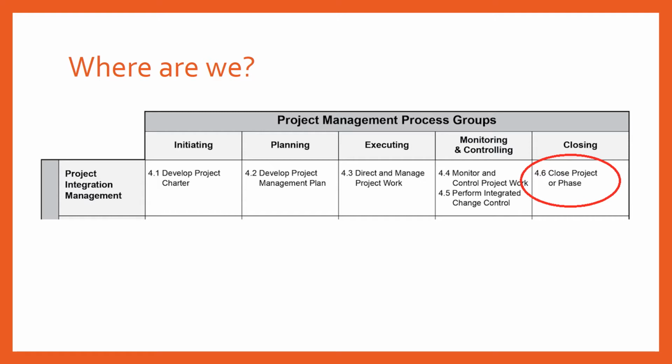Under planning, you've got develop project management plan. And under initiating, you've got develop project charter. All of these processes have been discussed earlier, and I'll link to the entire playlist of integration management in the description so you can go over and understand all these processes. Today, we are discussing the last process in the project integration management knowledge area, which is close project or phase. So let's understand this in a much better and deeper way.